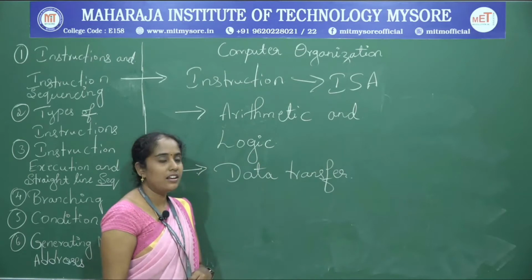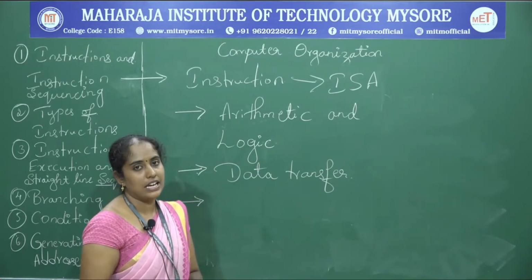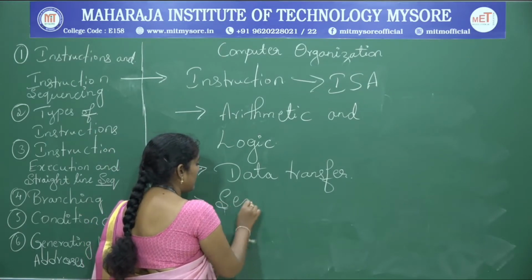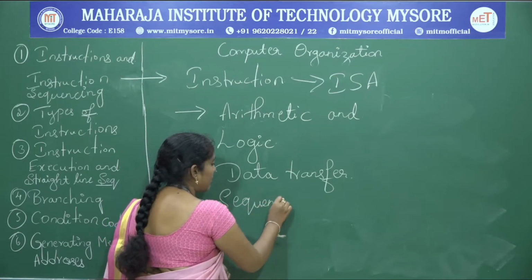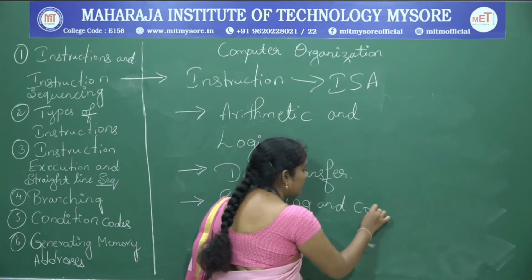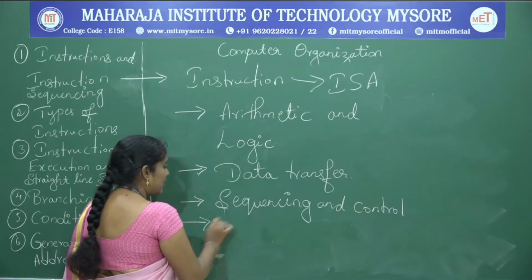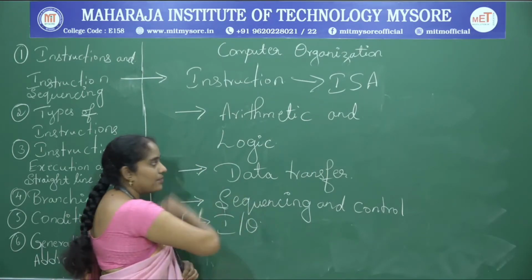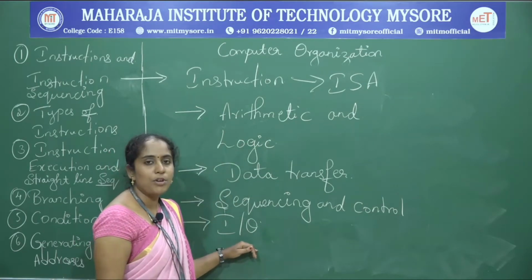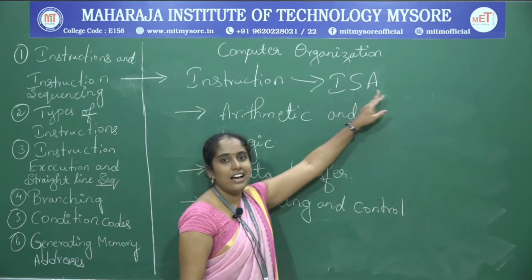The third one is program sequencing and controlling. And the next one is input output operations. To perform these operations, the computer needs the instruction set architecture.